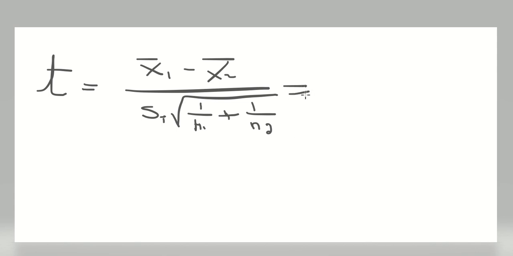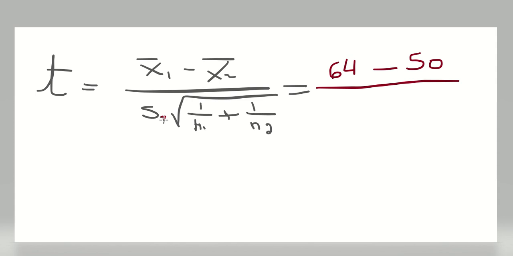So let's replace the things we already know. Calling group 1 the placebo, the average was 64 grams. For the second average, those that were treated, it was 50 grams. And then we're going to divide. Now we're going to have to find s pooled in a minute.